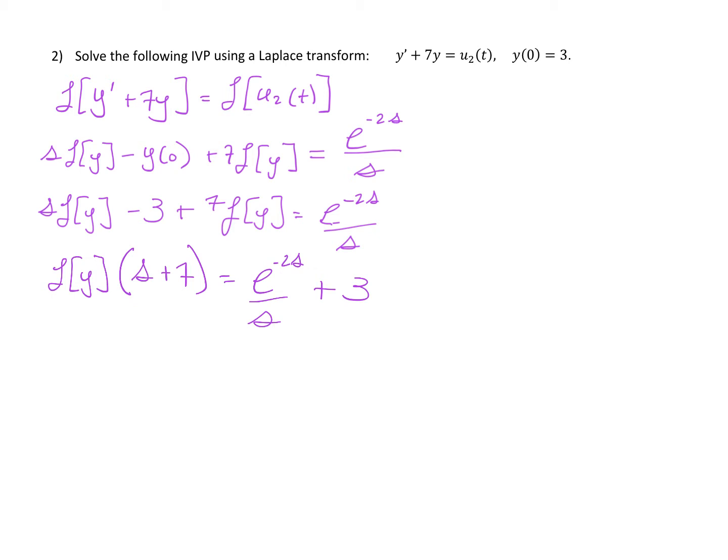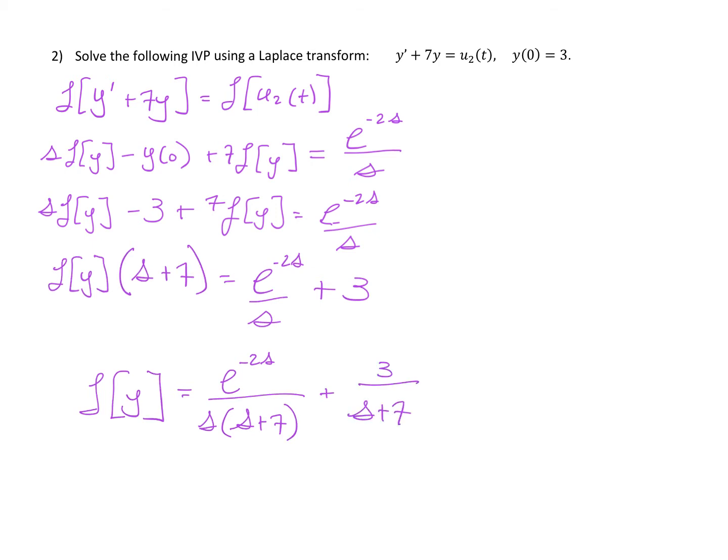And then to solve for Laplace of y, we divide both sides by s plus 7. So Laplace of y equals e to the negative 2s over s times s plus 7 plus 3 over s plus 7.